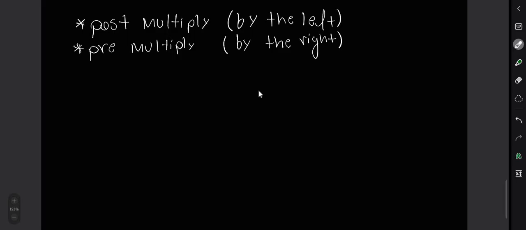Right here we will post multiply, because we want to solve this transformation equation, and we are doing the kinematics analysis.